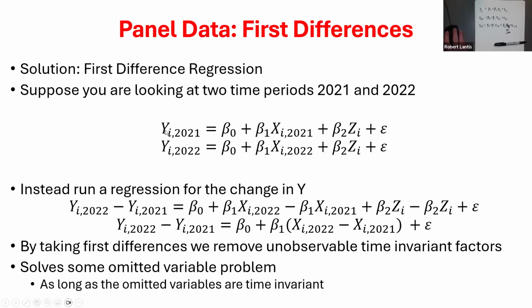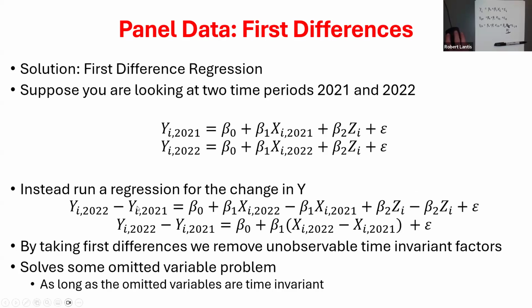If, instead of running a regression of the Y variable on our X variable, I look at the change in the Y variable and run a regression on the change in the X variable, that would completely eliminate any time invariant factors. Anything that's consistent across that subject, in my example students across time, would be completely eliminated, or essentially we'd be controlling for it, even if we don't have data on it.